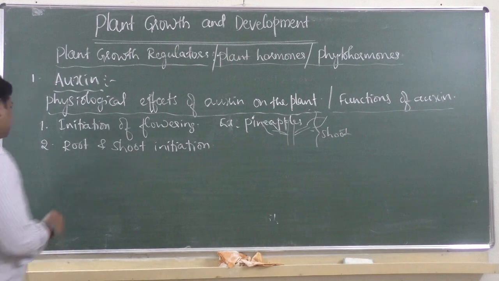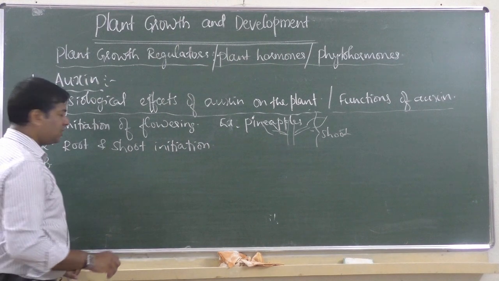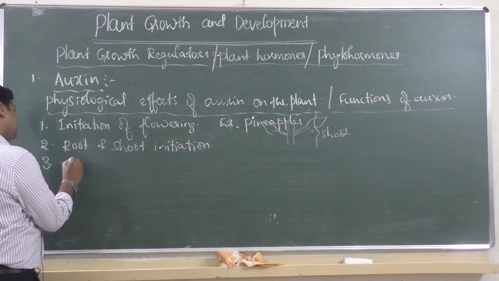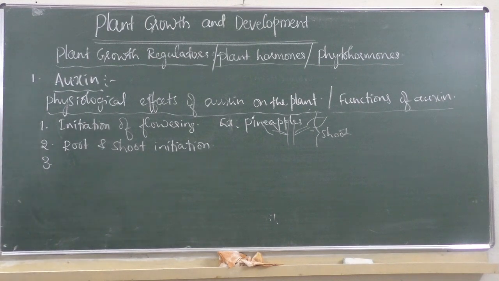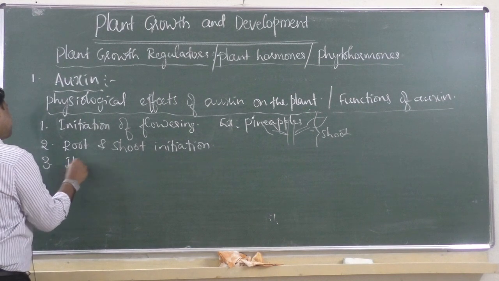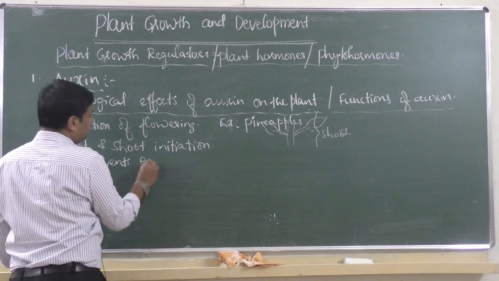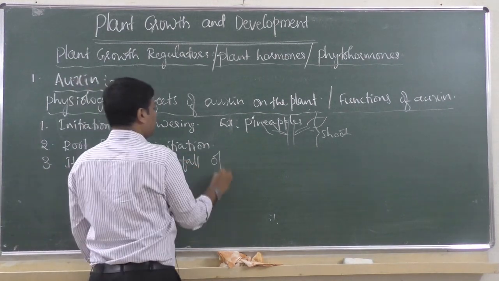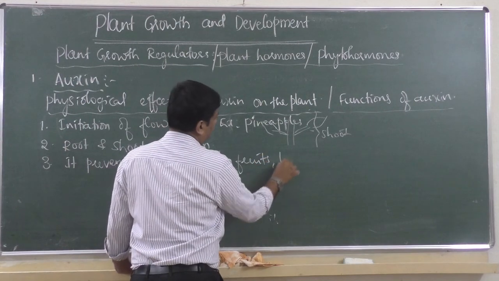Next, the third point, what auxin helps the plant to grow is, it prevents early fall of fruits and leaves.